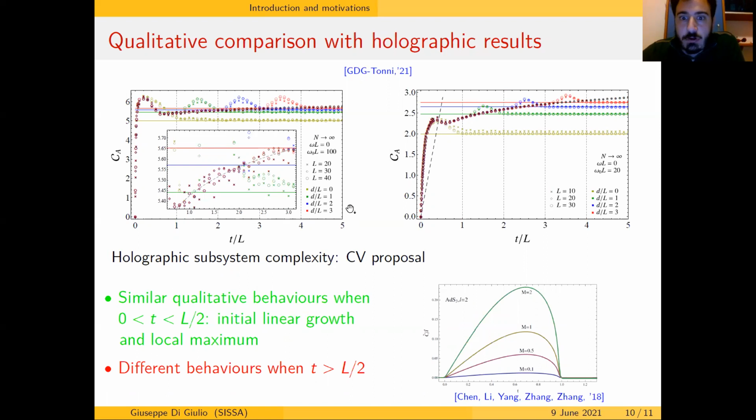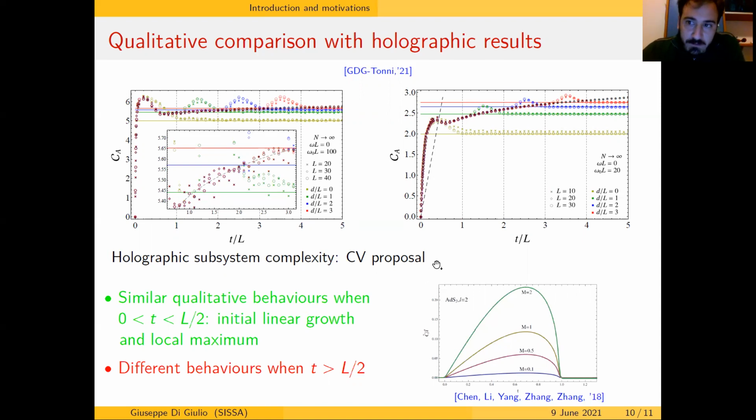The local maximum that we see increases with omega 0 for the lattice results, and with m in the holographic results, where m is the mass of the collapsing black hole. And the important point is that both m and omega 0 correspond to the same physical interpretation, which is the quantity of energy injected in the system by the global quench.